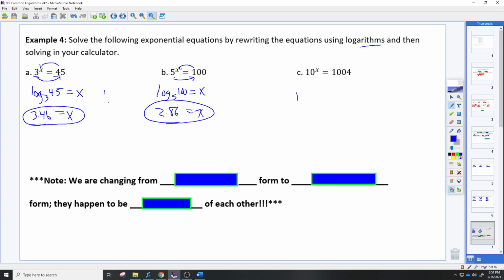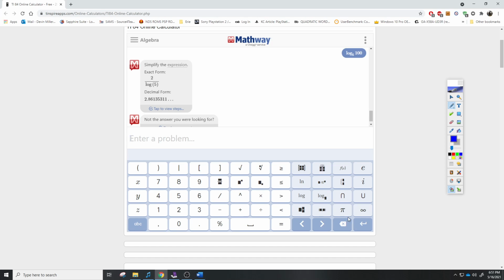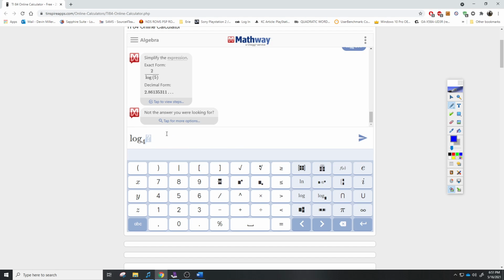And the last one, we would do log base 10 of 1004 equals x. Let's see what that is to finish up. Oh, wait, it was 10, right?